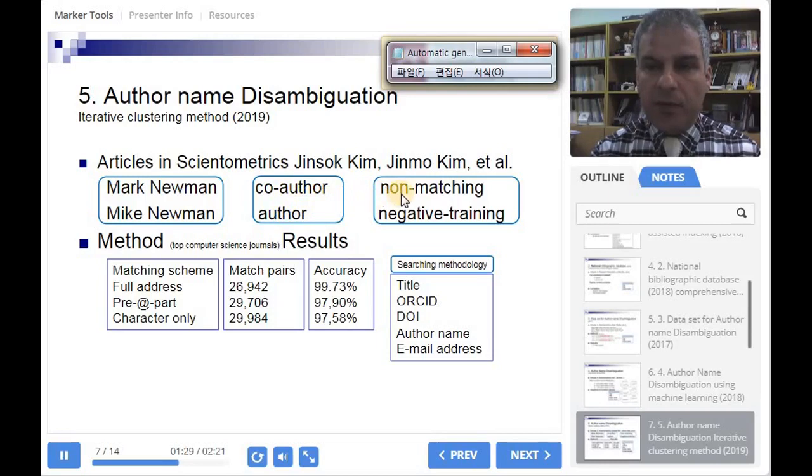Their third problem to tackle was if they have known matching results, those should not be considered negative training.